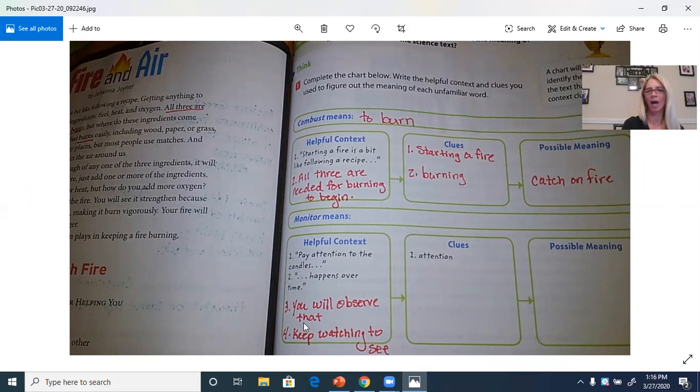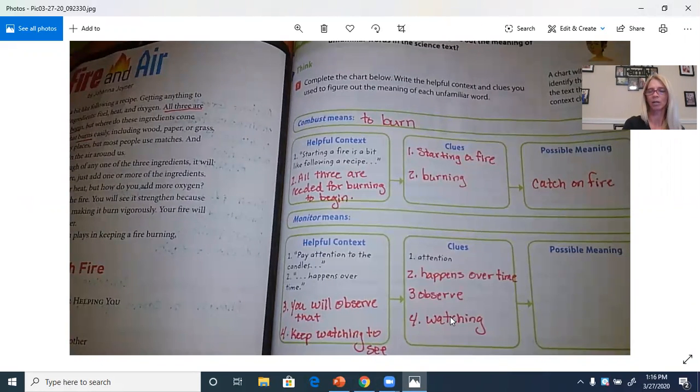So the clues that go with pay attention to the candles is attention. Happens over time is kind of small, so you're going to actually put happens over time over here. You will observe that. So we're going to put observe and keep watching to see. So those are the clues, and we're going to put watching. So we have attention, happens over time, observe, and watching.